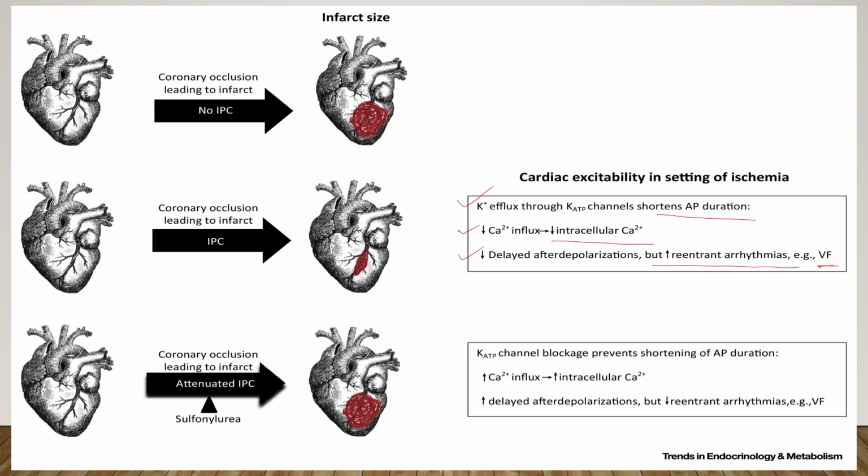When sulfonylurea blocks your potassium channels, it prevents the shortening of AP duration. Calcium influx occurs, and there will be increased delayed afterdepolarization, so it can increase ventricular fibrillation, which is worse.